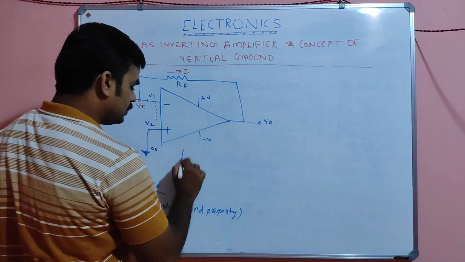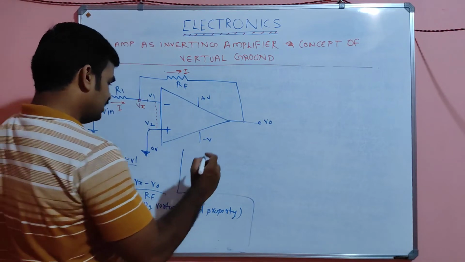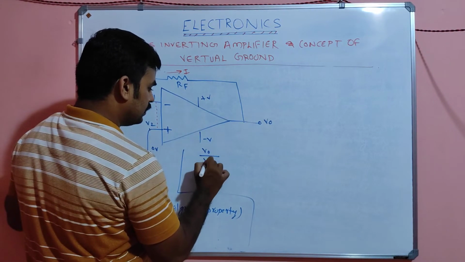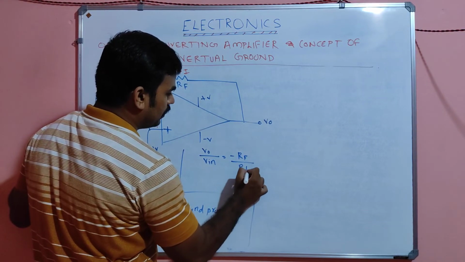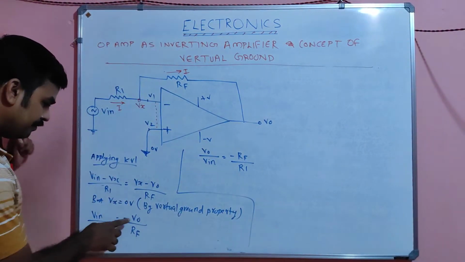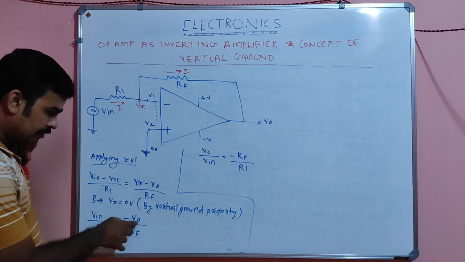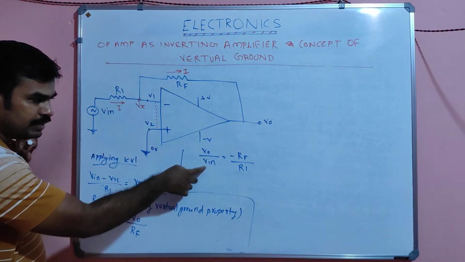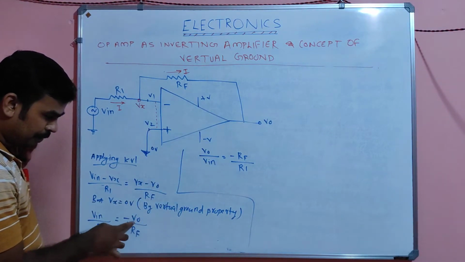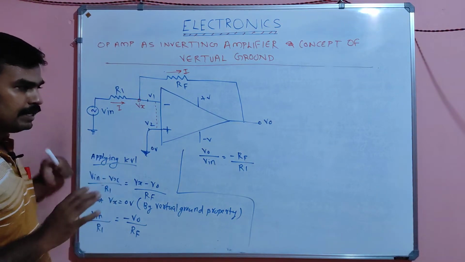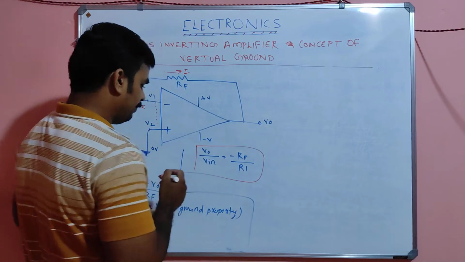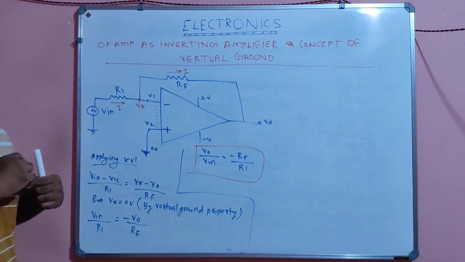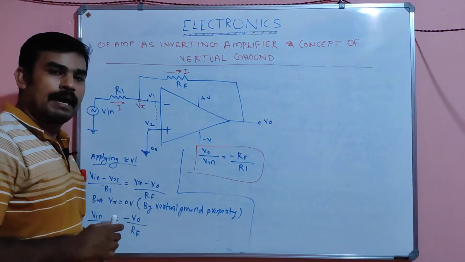In other words, V0 divided by V input equals minus Rf divided by R1. This is called the inverting amplifier equation.